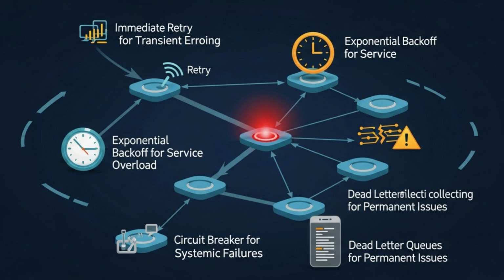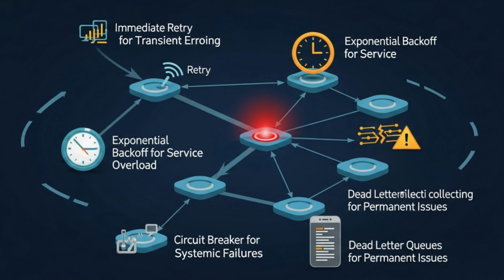For more systemic failures, where a service is clearly down or unhealthy, we employ a circuit breaker. Much like an electrical circuit breaker, it trips and prevents further attempts to call the failing service, redirecting requests or failing fast until the service's health check passes again. This prevents cascade failures throughout your system.